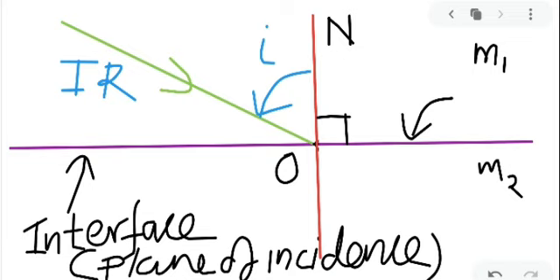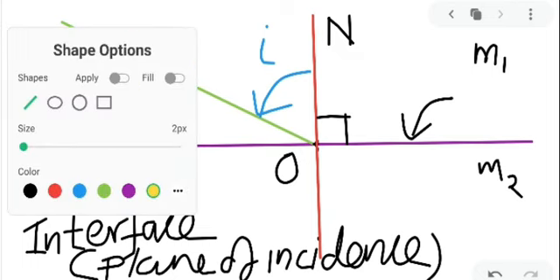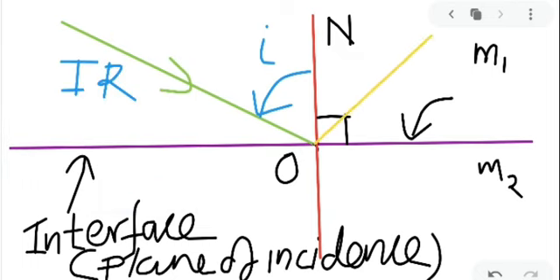At the interface, when the light ray is incident, two main physical phenomena can happen at that point of incidence. And what were those phenomena? If you remember, the light ray could, at the point of incidence, partially reflect back into the same medium.